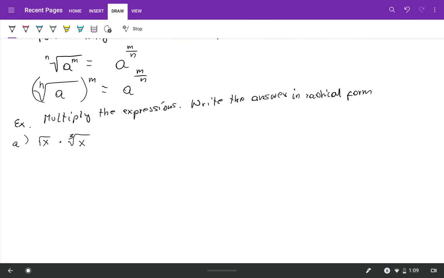So let's do the example. Example A, we have square root of x times cube root of x.